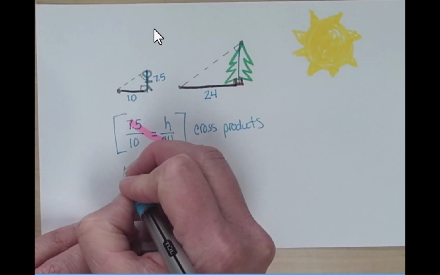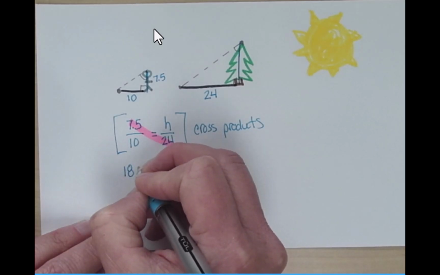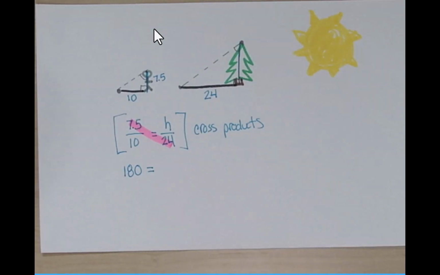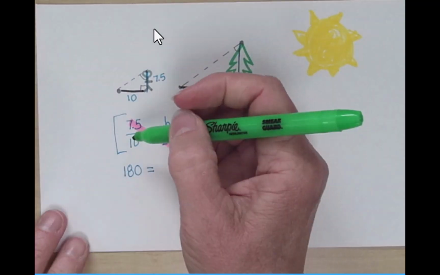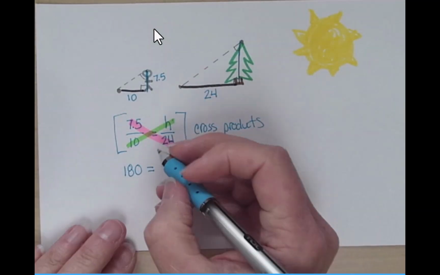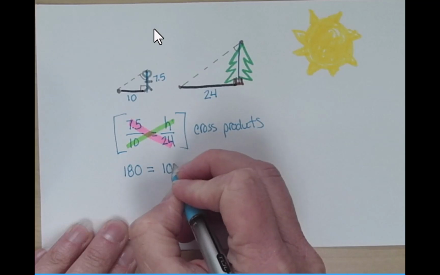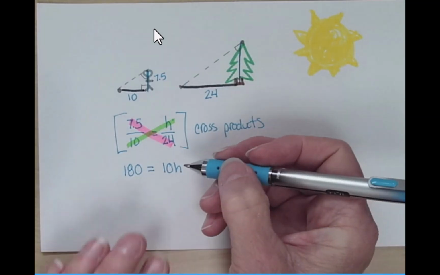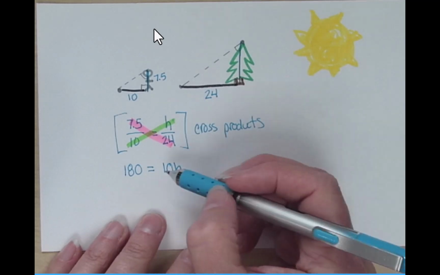7.5 times 24 is 180. That's going to be equal to the product of these two numbers. Well, I don't know what H is, but I'm multiplying it by 10. 10 times H. So that's the secret with cross products.